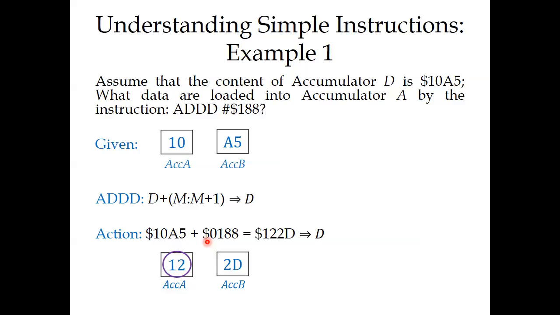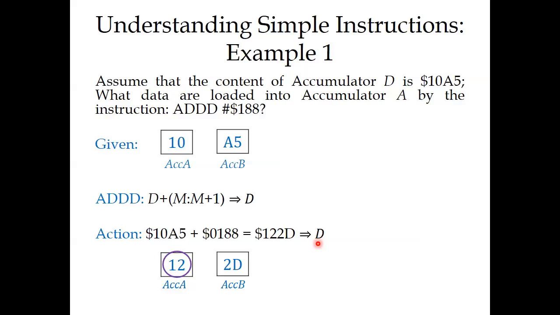That means you'll be adding these two, D and the memory data. Now once you add these two, your sum would be 122D. Now this sum will be copied back to D according to the instruction. Okay?